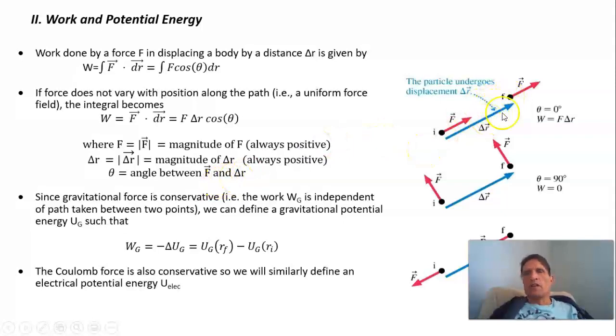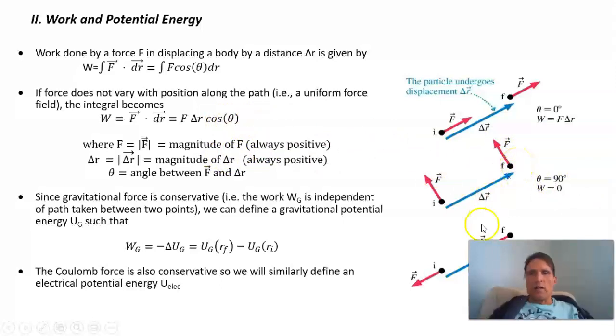Here's an example. If the force and the displacement delta r are in the same direction, then theta is 0, cosine of 0 is 1, and the work is just F times delta r. It's positive. If the force is applied perpendicular to the displacement, then the angle between the two is 90 degrees, cosine of 90 degrees is 0, and so the force does no work.